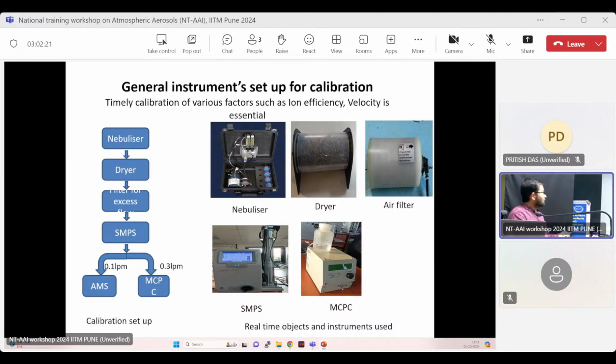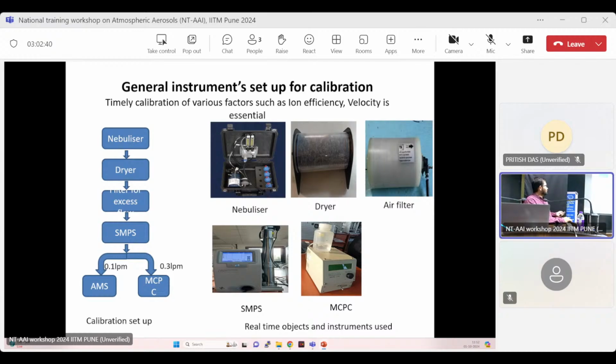There are different ways to calibrate this AMS. With the AMS we get size and chemical composition, so we have to do size calibration as well as chemical composition calibration. For chemical composition, we mostly calculate the ionization efficiency.